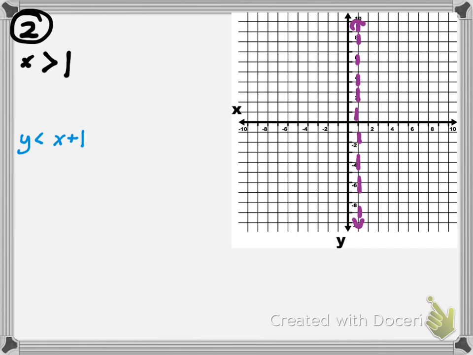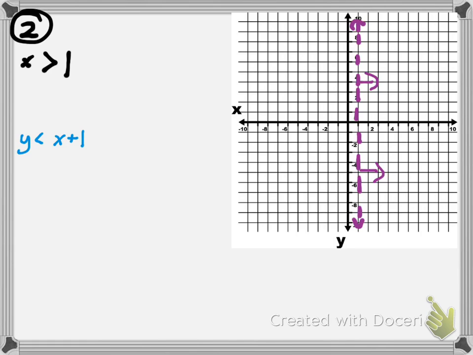Which way is x greater than 1? I'm just drawing arrows from my graph. Do not shade, just draw arrows right now. Okay, we're going to do this.